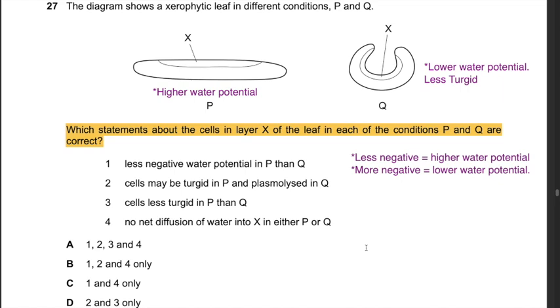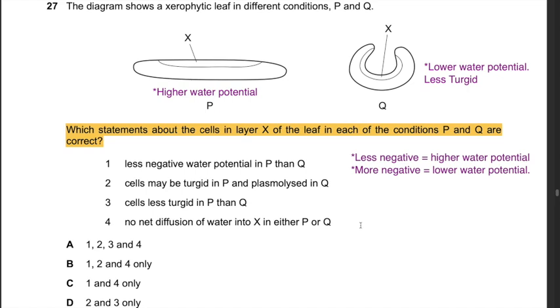And since 0 has the highest water potential, the more negative the number becomes, the lower the water potential. However, the less negative the number becomes, that means reaching towards 0, then the water potential increases, or the higher the water potential becomes, because 0 is the highest water potential possible in any cell.